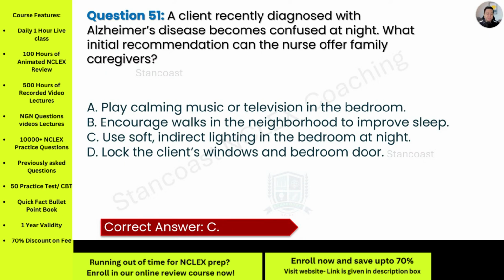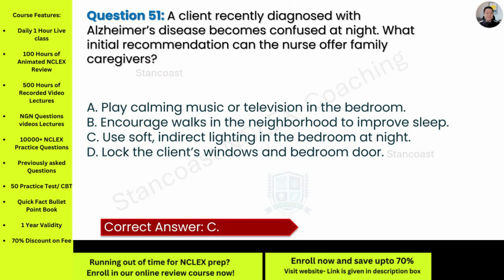Now, for letter B, this is also incorrect. We know that physical activity like walking is beneficial for overall health, but it does not directly address the nighttime confusion. And in addition to that, evening walks may also pose a safety risk for persons with Alzheimer's, particularly if they become disoriented or they'll start wandering.